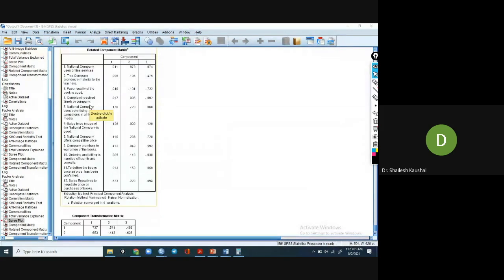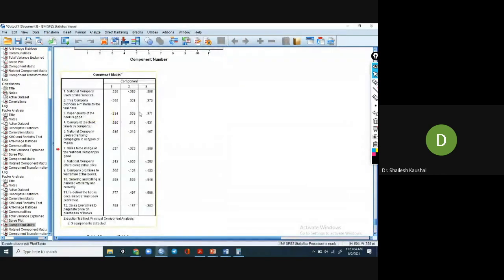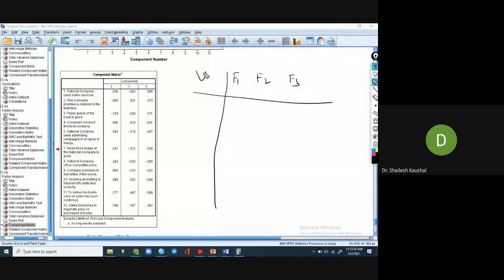Okay, now after that, the component matrix. I told you the component matrix gives us the cross loading problem. Through this we can see the values for factors f1, f2, f3, and variables v1, v2, v3, v4.